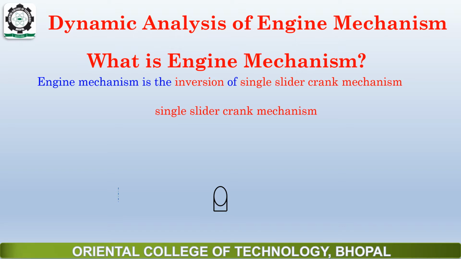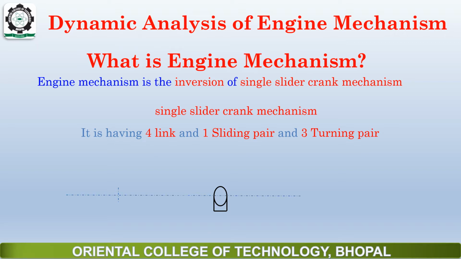Single slider crank mechanism. Here we have a diagram. In this single slider crank mechanism we have four links and four pairs, out of which three pairs are turning pairs and one pair is a sliding pair. This is link number one, and the name of link number one is cylinder.